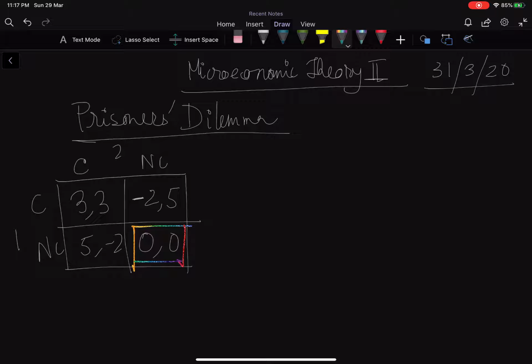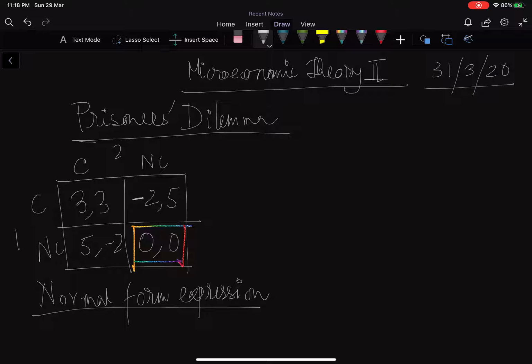So this is a simultaneous move game, and this is the normal form expression of prisoner's dilemma.